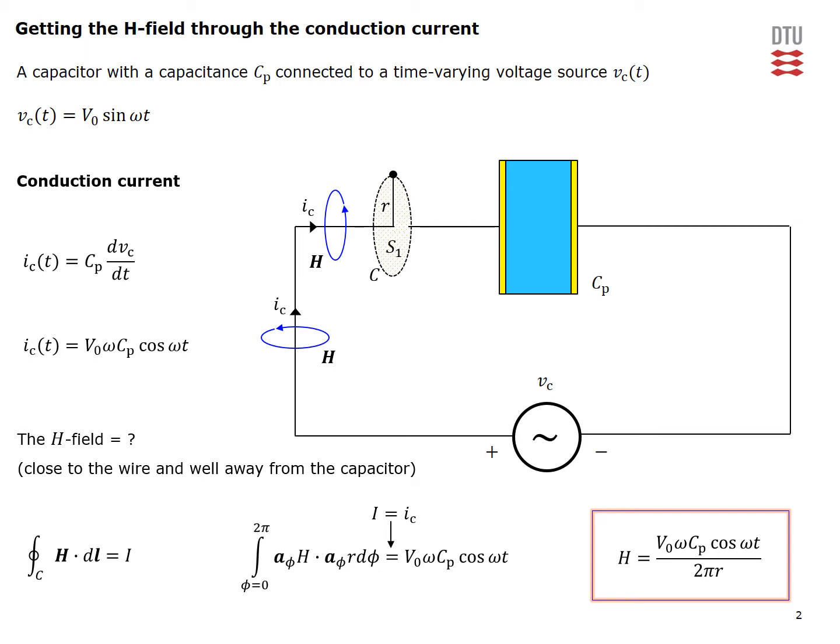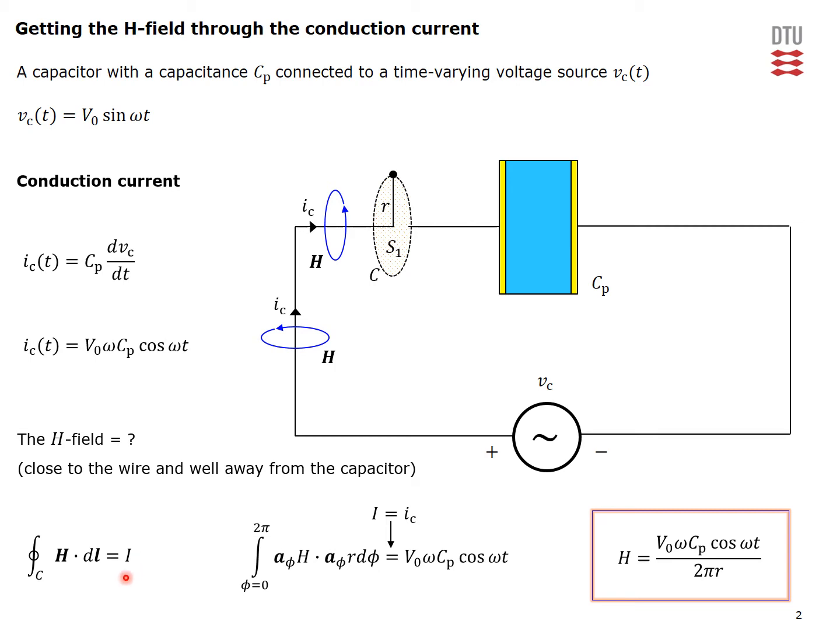Just to remind you one more time, what it says is that the circulation of the magnetic field intensity along a closed path C is equal to the current flowing through the surface bounded by this path, and this law is obtained by using Stokes' theorem on the fundamental postulate on the differential form for our magnetic field intensity.